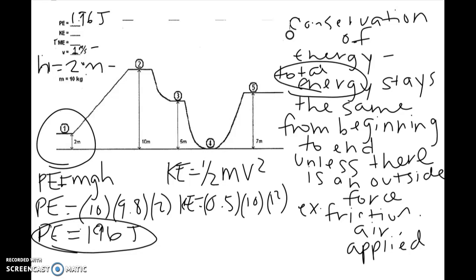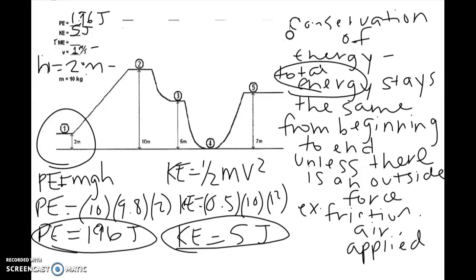So 1 squared is 1, times 10 is 10, and half of 10 is 5. So I know that my kinetic energy is 5 joules.